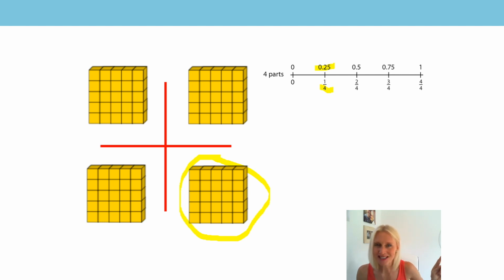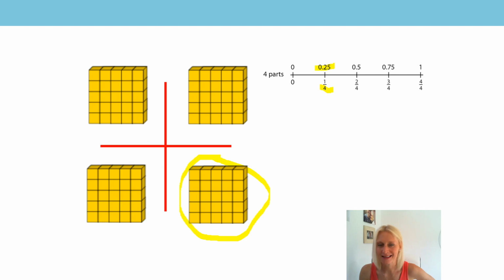Do you remember from Miss Heaton's lesson, she showed you that one of these yellow blocks is equivalent to 100th. We've got 25 here. Is there another way of saying 25 hundredths using tenths and hundredths, I wonder?